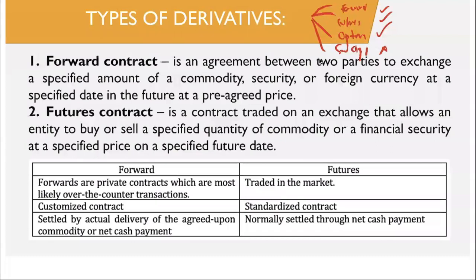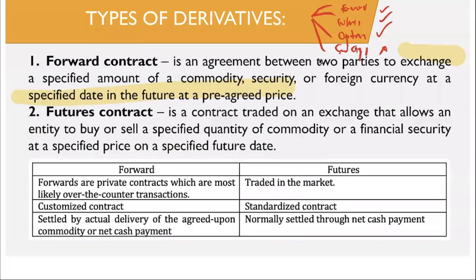So first, forward contract. Forward contract is an agreement between two parties to exchange a specified amount of a commodity, security, or foreign currency at a specified date in the future at a pre-agreed price. So exchange at a specified date in the future at a pre-agreed price. Next, futures contract.